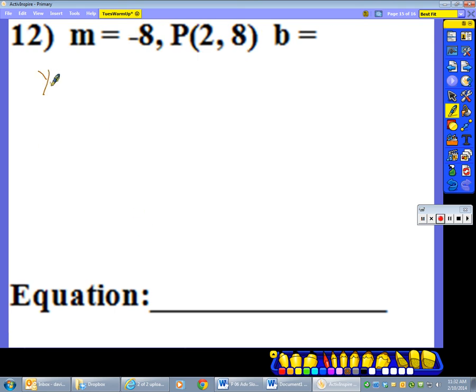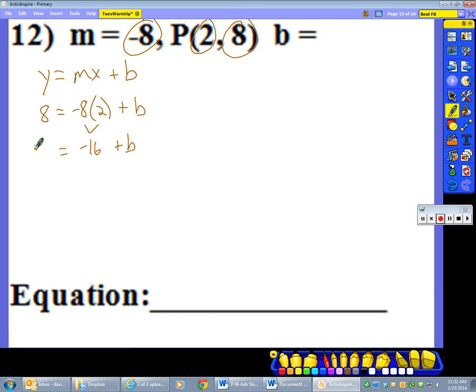Last one, y equals mx plus b. And so I'm going to sub in 8 for y, and my slope is negative 8. My x value is 2. So negative 8 times positive 2 is a negative 16. Bring down the rest of my equation. And the inverse of a negative 16 is a positive 16.